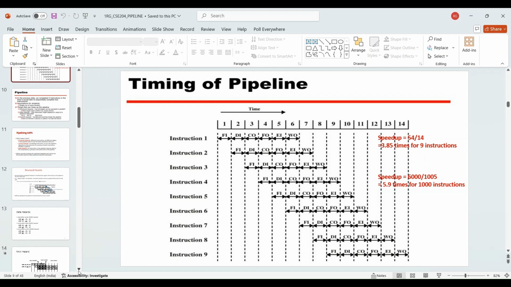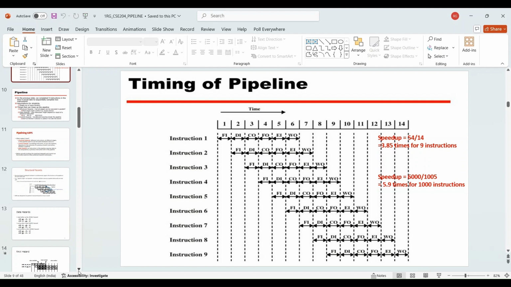Actually, if we take a bigger example of 1,000 instructions, then the speed up will improve. You can see the speed up for 1,000 instructions without pipelining is 6,000 cycles, and with pipelining it will be 1,005 cycles, and the speed up will be 5.9 times.